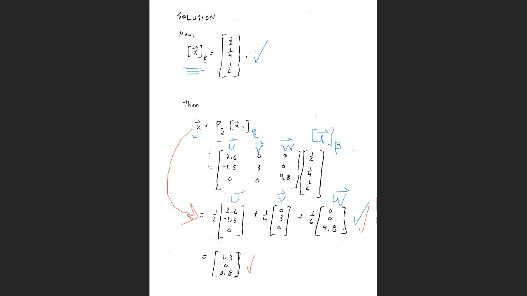And you have to recognize that the vector x is equal to a matrix times a vector. So you are doing a coordinate mapping there.